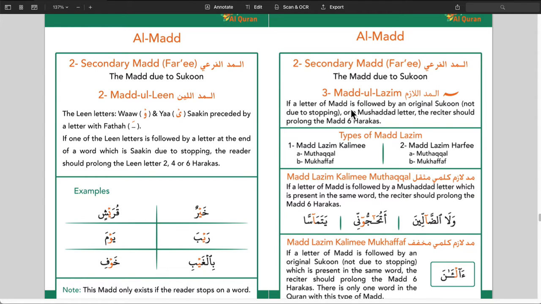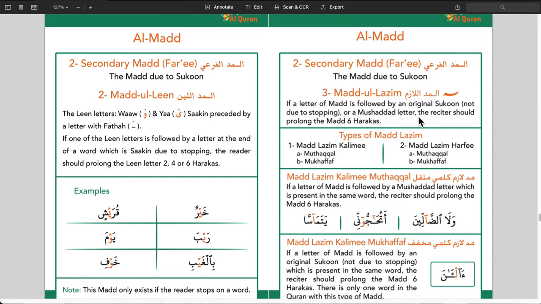If a letter of mad is followed by an original sukun, which means it's not because of your reading that you put the sukun, it is present even if we stop or we don't. It is part of the word, so it is not due to stopping, or a mushaddad letter.